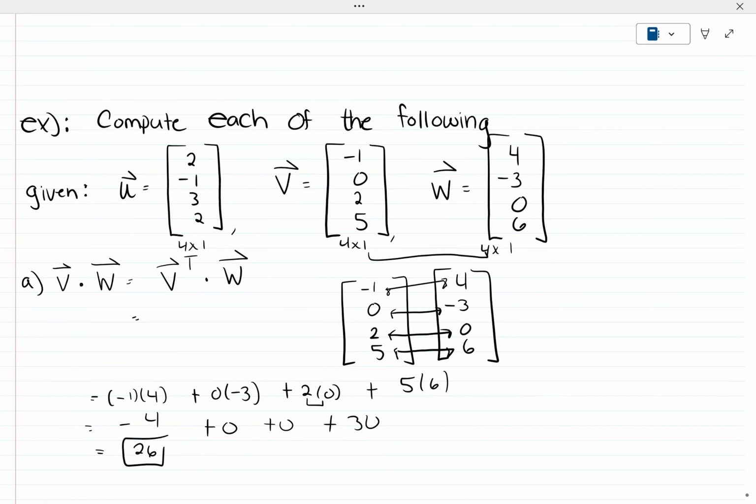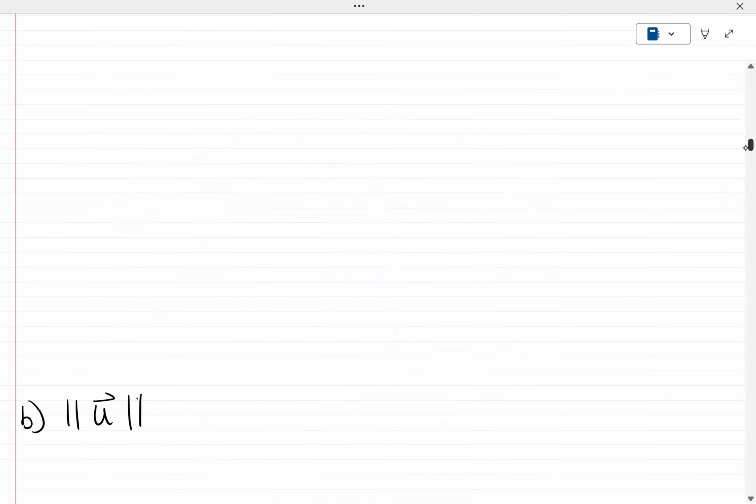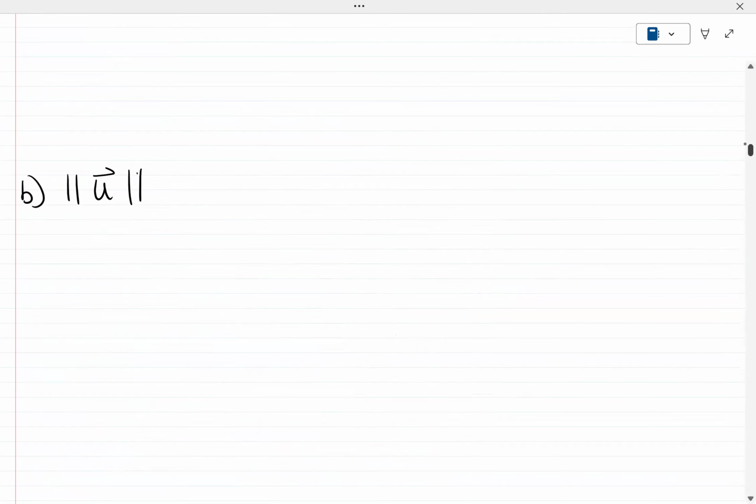Okay, let's do question B. Go ahead and pause and copy these three vectors, because there's a part B. Part B says find the magnitude of vector u. The magnitude of vector u is the square root of vector u times vector u.